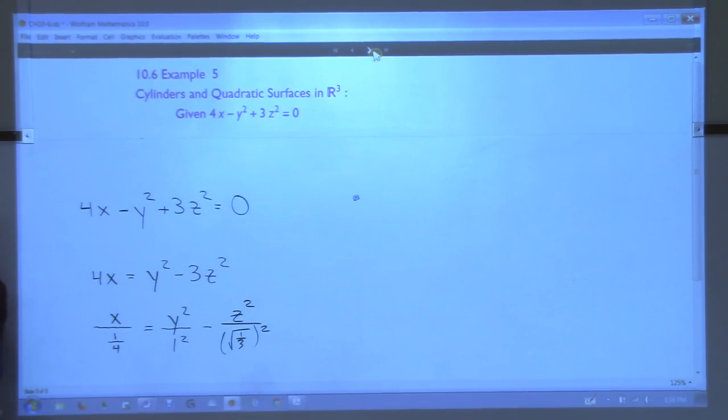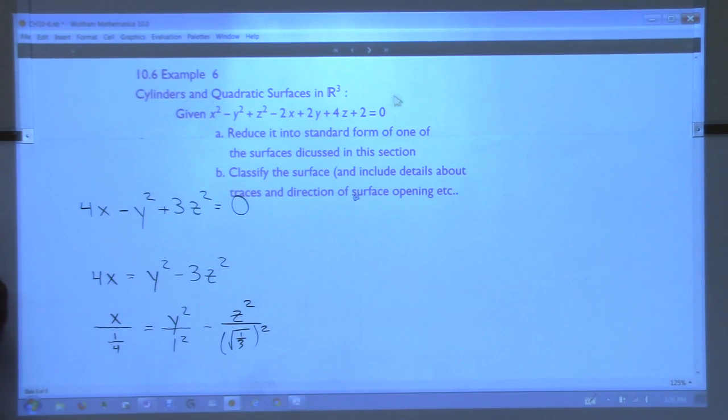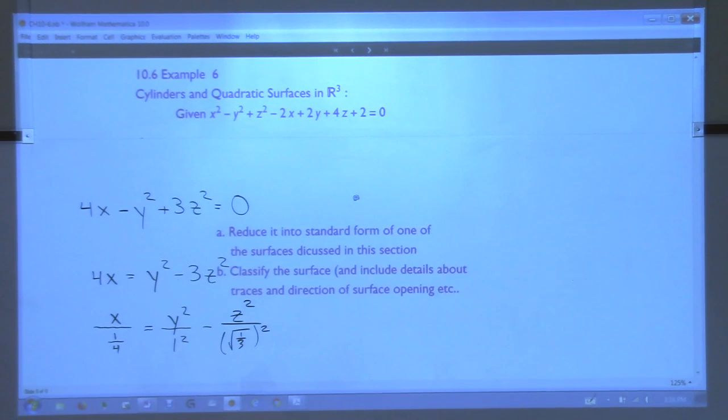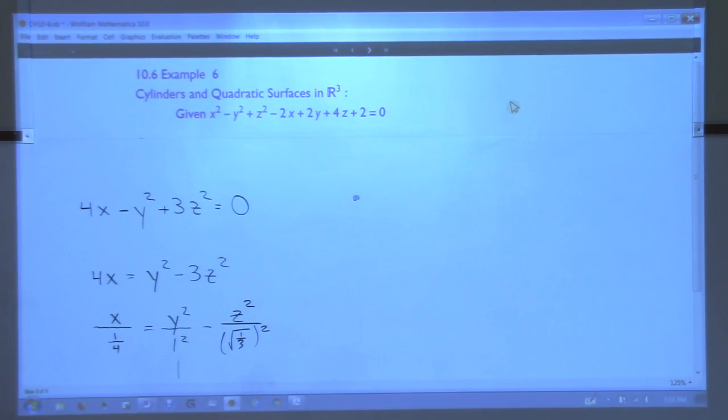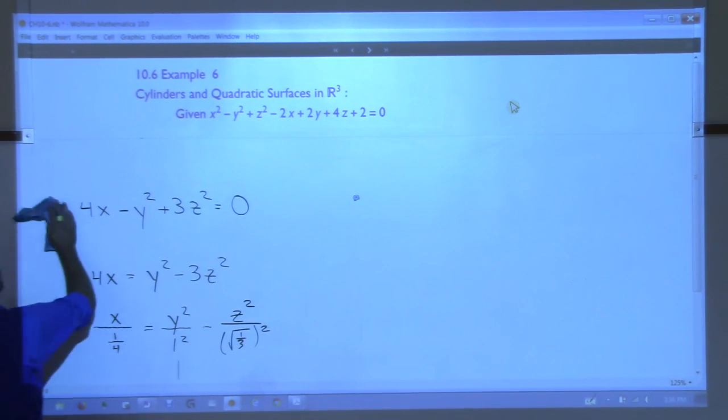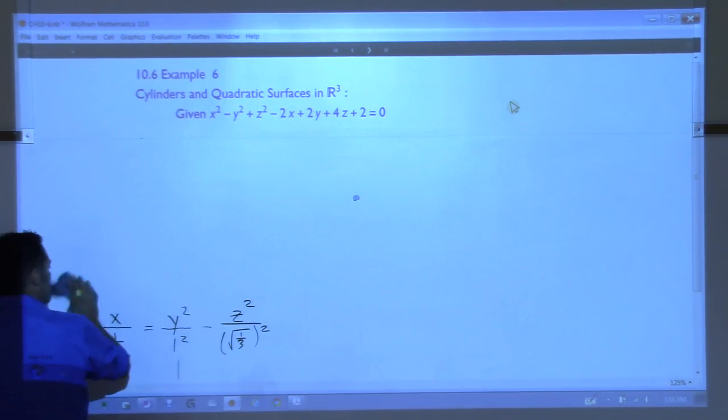Let's see, I should have at least one more. Yeah, this one right here. This one's a little bit messy. Any thoughts here?